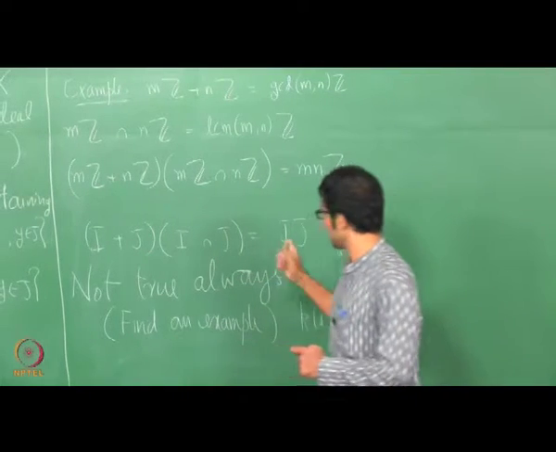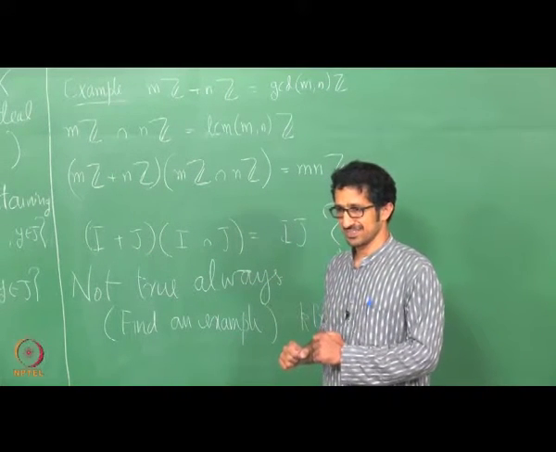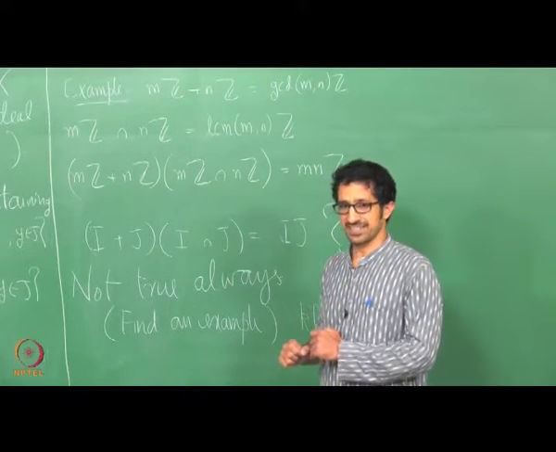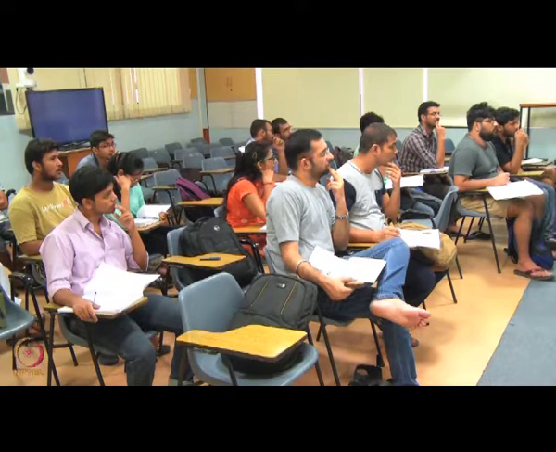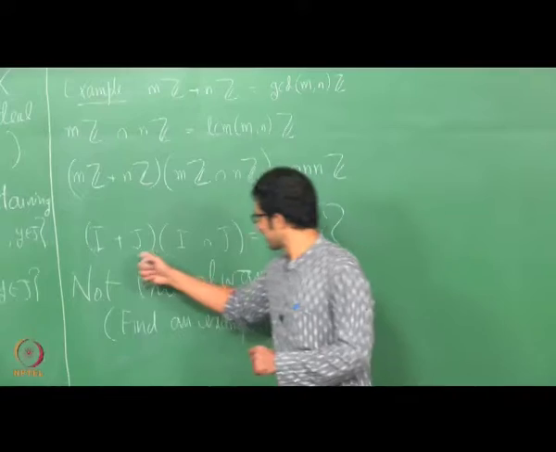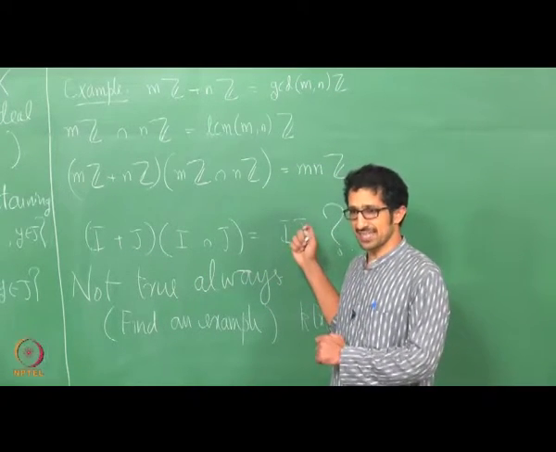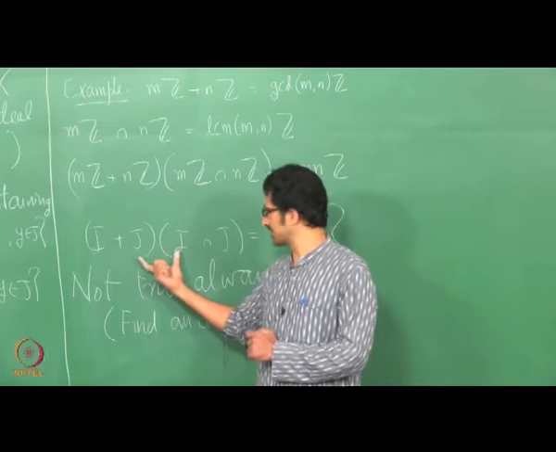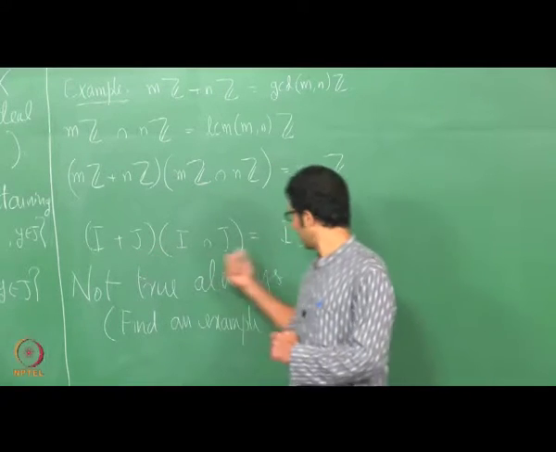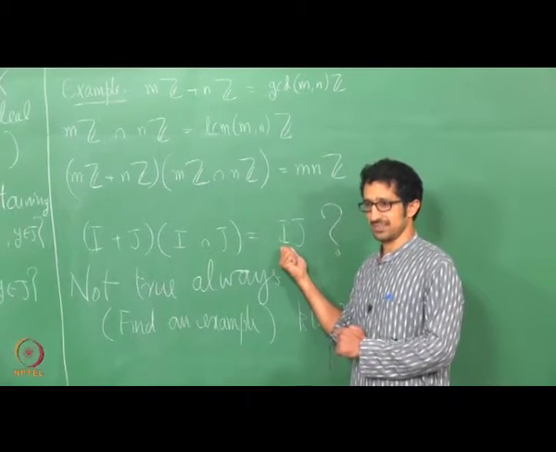Which way is true? See, this is a product ideal, this is a product ideal. So if I can say that every generator of this belongs to this one, then we are through.